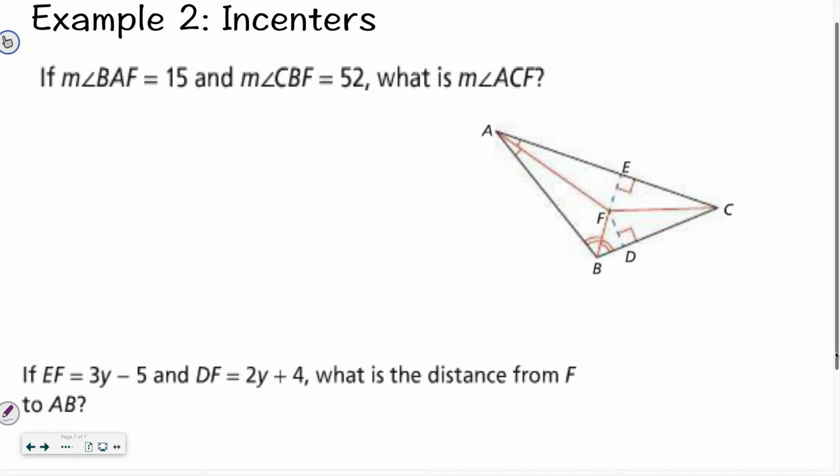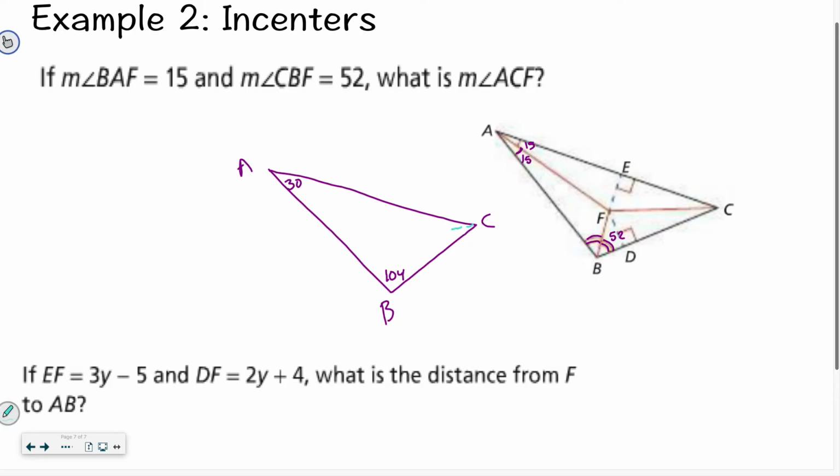So BAF is half of my large angle A. So if I draw A, B, C, I would have 15 and another 15, that would be 30. And the measure of angle CBF would be 52, so if I double that to get this other part here, I have 104. And I want to know what ACF is.